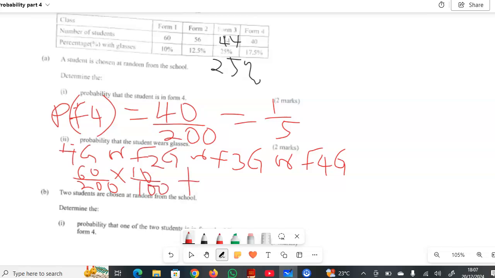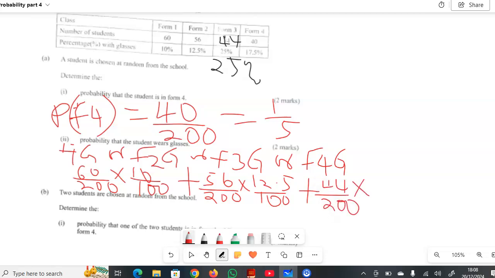Then the probability of Form 2 is 56 out of the total number of students in school, 200, times Form 2 wearing glasses, 12.5%, that is 12.5 divided by 100. Then the probability of Form 3 is 44 out of the total number of students, 200. We multiply by Form 3 wearing glasses, 25%, so 25 over 100.